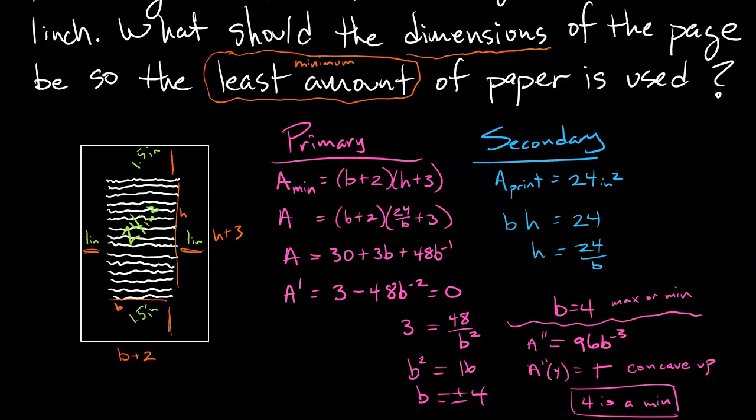Dane, if I look at my picture, that's what we want, yes. We don't know if it's a max or min until we test it. But it'll always work out. Dane, if I look at my picture, what variables up there stand for the size of the paper?